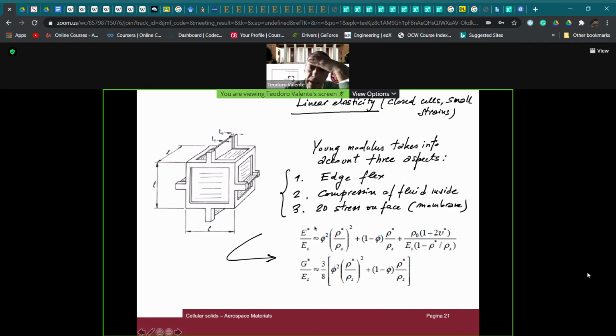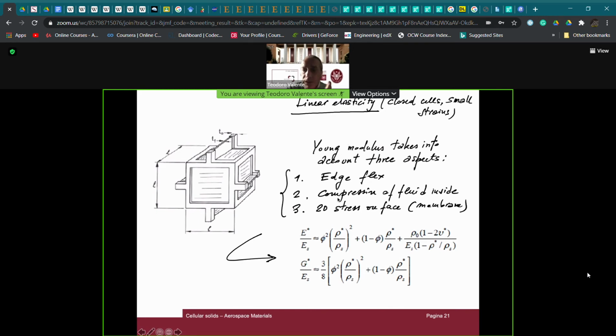Thus, having this in mind, and also in this case I want to skip the general demonstration for you, we have two very simple formulas with which we can estimate the Young modulus and the shear modulus of the cellular materials for the linear elastic behavior.